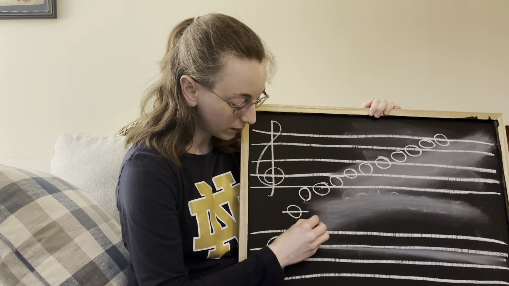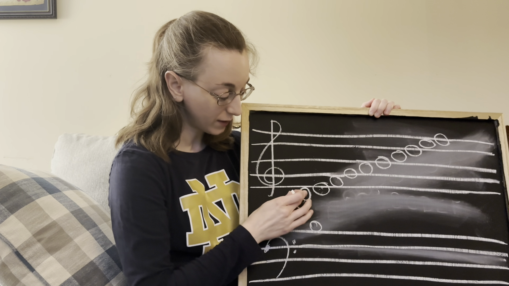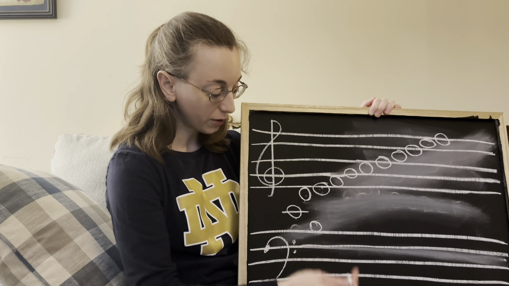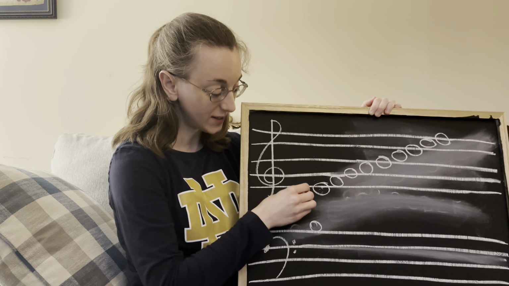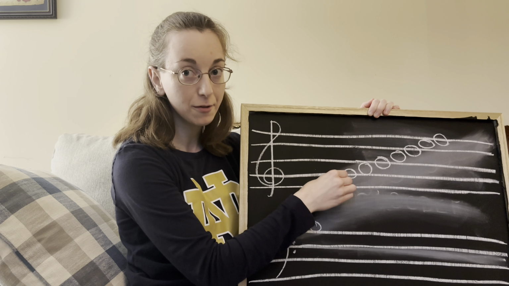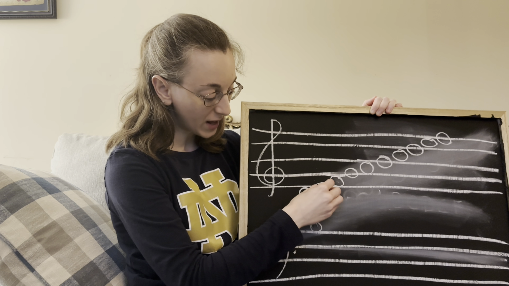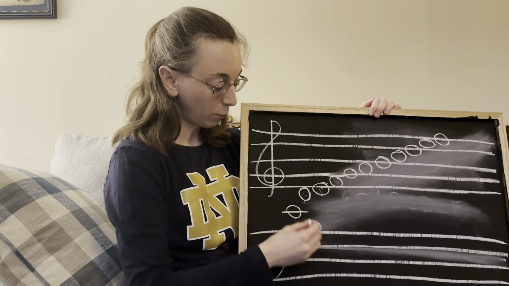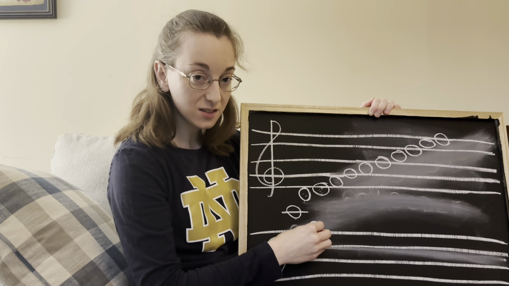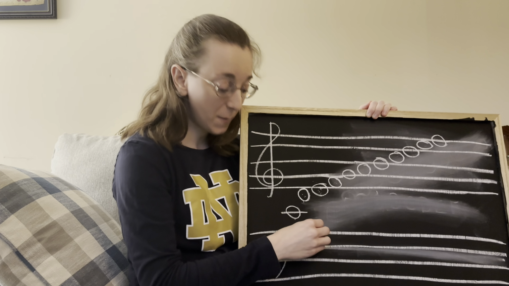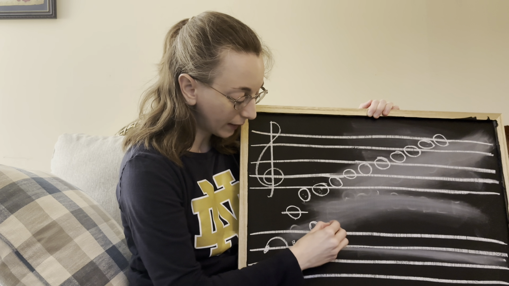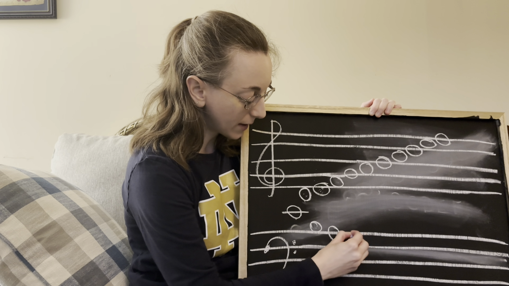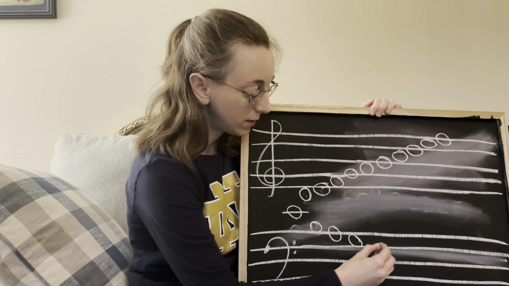So this mirror image, this is D, this is B, because it's going to go A, B, C, D, E, F. So when we go E, D, C, we're going up the alphabet, which means the next one is going to be B. So then on this line, we have A, and on this space, we have G.